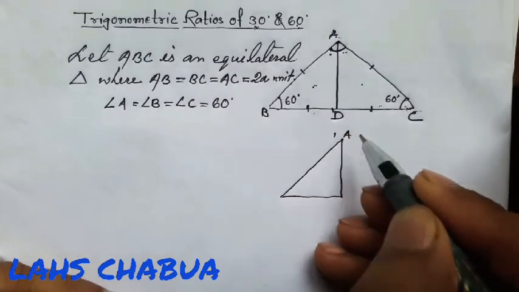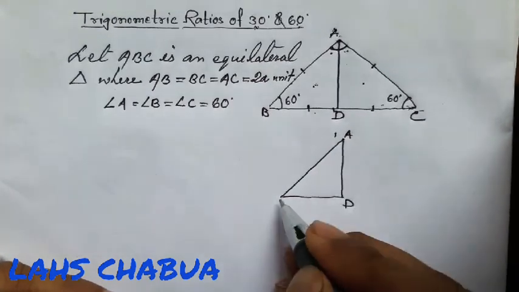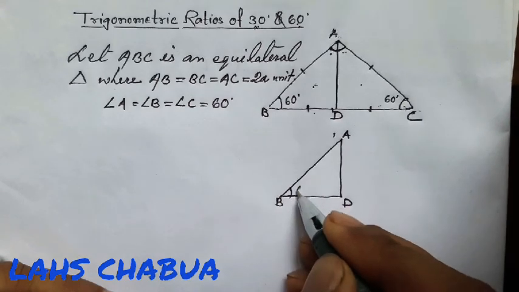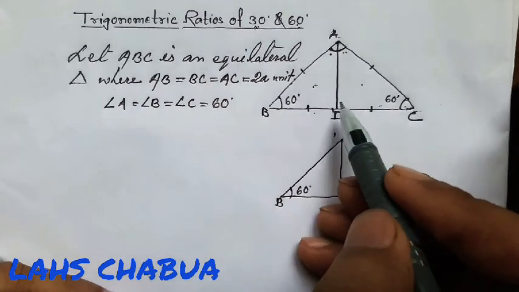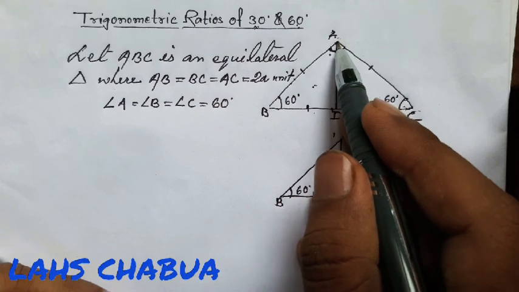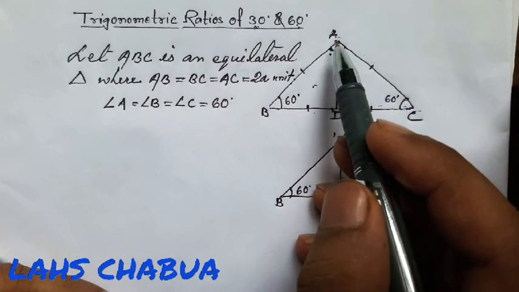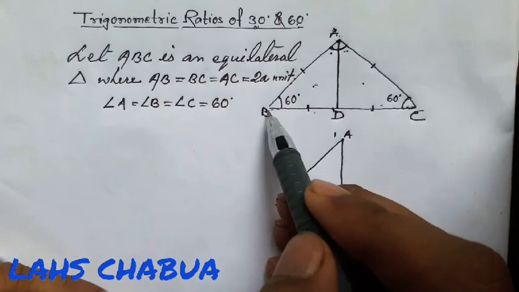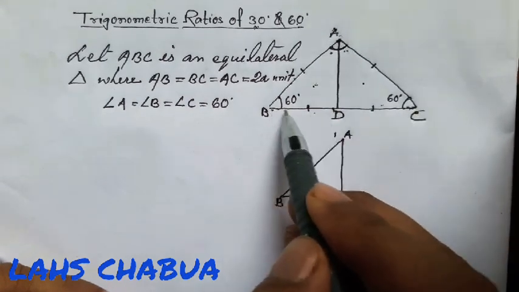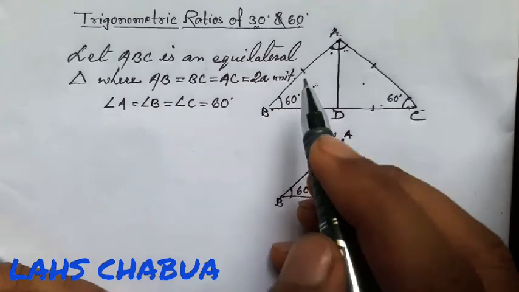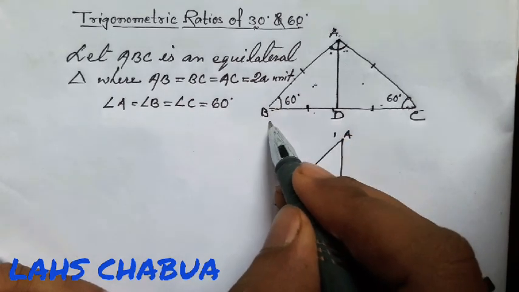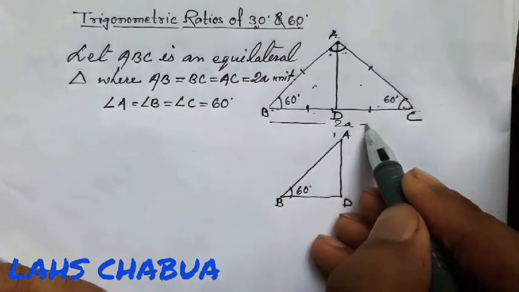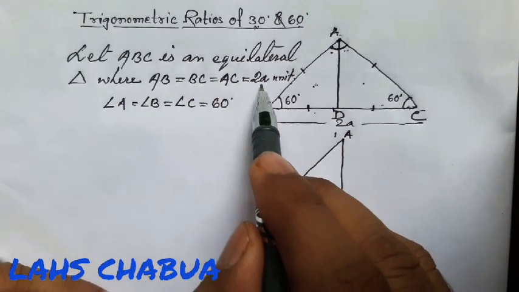A, D, and this is B. This is 60 degree. Now see, this is the perpendicular we have drawn from the vertex A on the side BC, so side BC, this whole part, will get bisected. As we have assumed, the total length of BC is 2A unit. See, I have written here 2A.